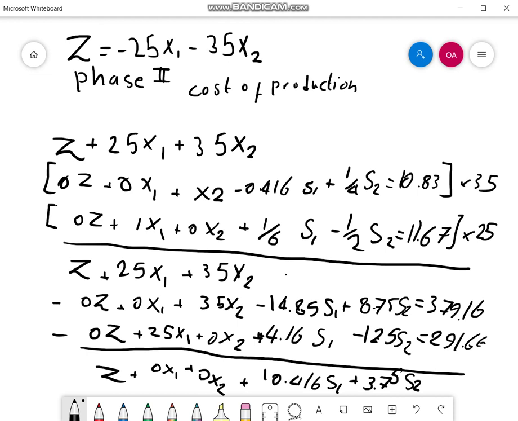Then this is minus minus, so the 12 will be positive, and this one is minus immediately negative. So I subtract them from each other and take the positive value, which equals 670.83.